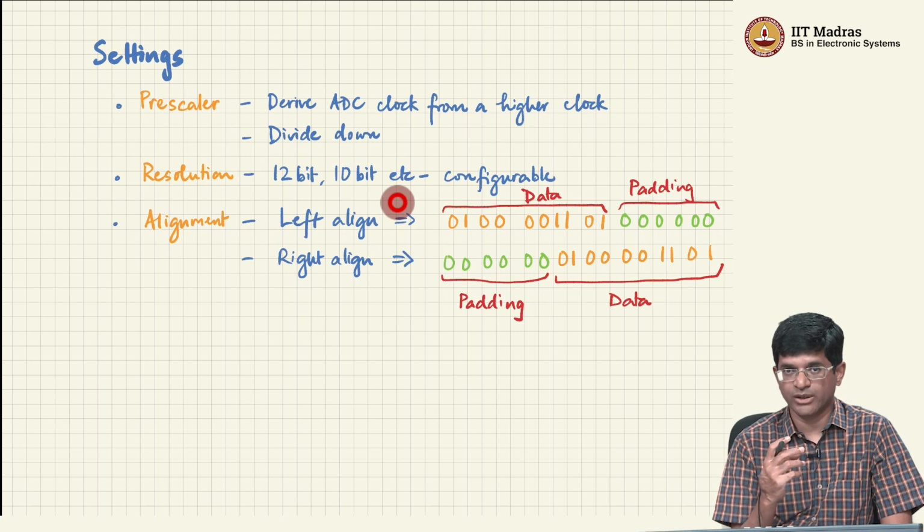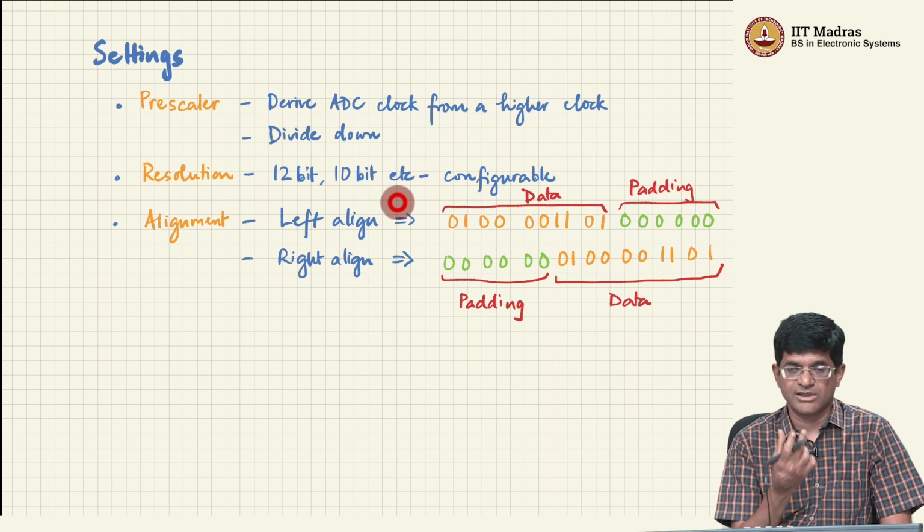So you could potentially do faster sampling by just going for 8-bit values if that is good enough for you. If you find that your signal only requires 8 bits of resolution, there's already too much noise in it, and going to 12 bits is not really giving you useful information, fine, just stick to 8 bits and it will probably finish the conversion faster and consume less power and less area, because storing 8 bits requires fewer memory locations than storing 12 bits per sample.